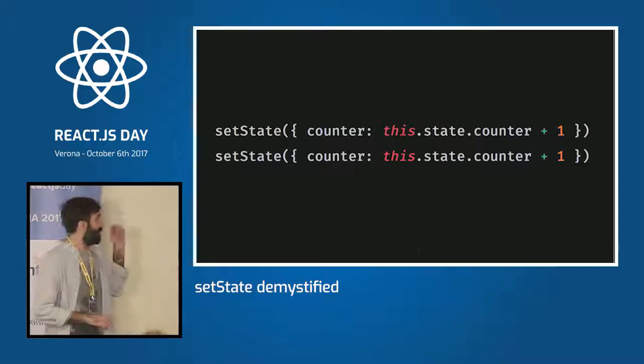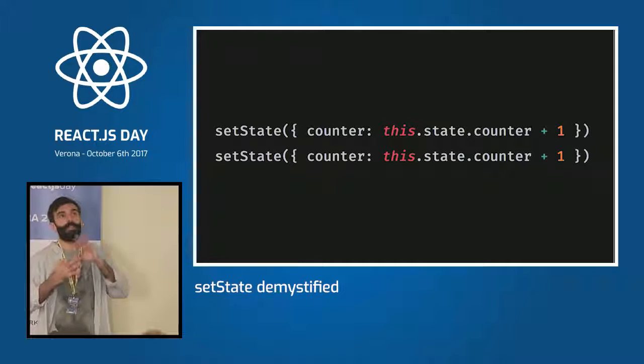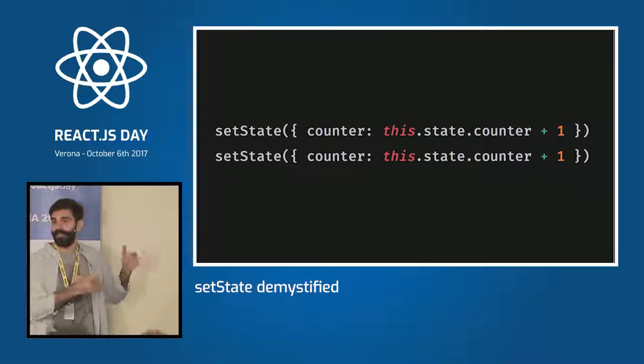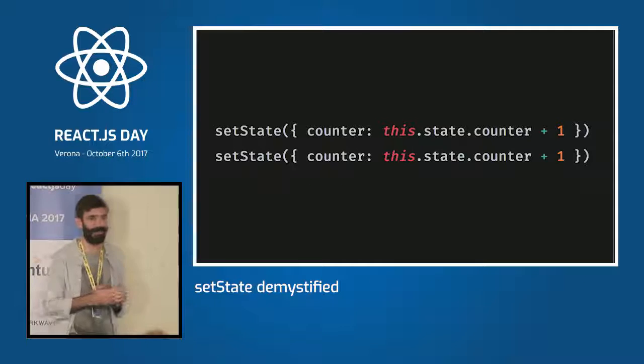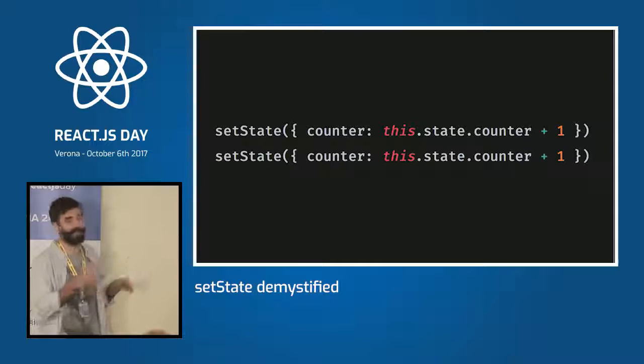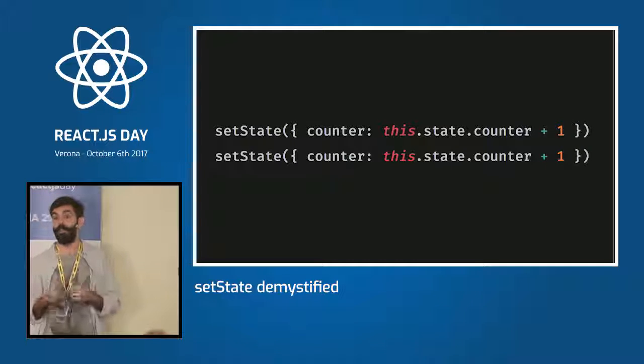Second thing, what if you do this? In general, you should not fire setState twice in the same event handler, for example. But suppose for some reason you have to, and you have a counter that depends on the counter value in the state, initialized to 0.